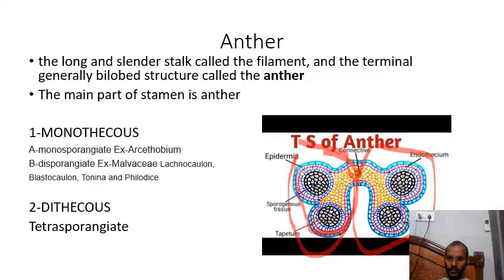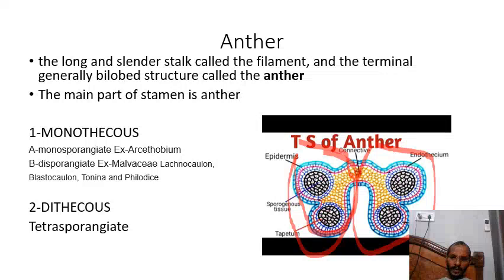Suppose one spore is present, it is known as monosporangiate, and suppose two spores are present, it is known as disporangiate. For example, in Arceuthobium we can see monosporangiate, and disporangiate we can see in Malvaceae and others.